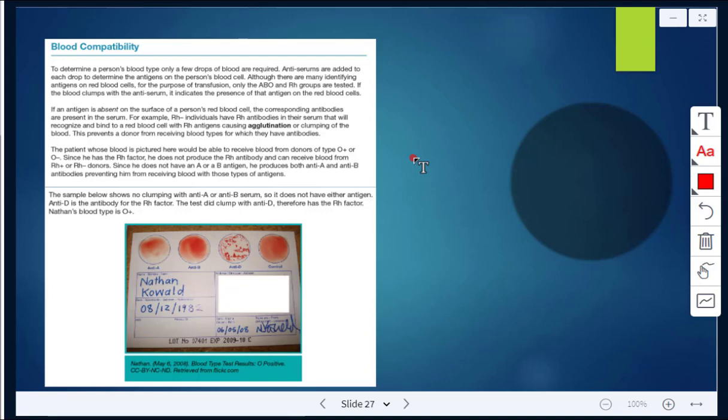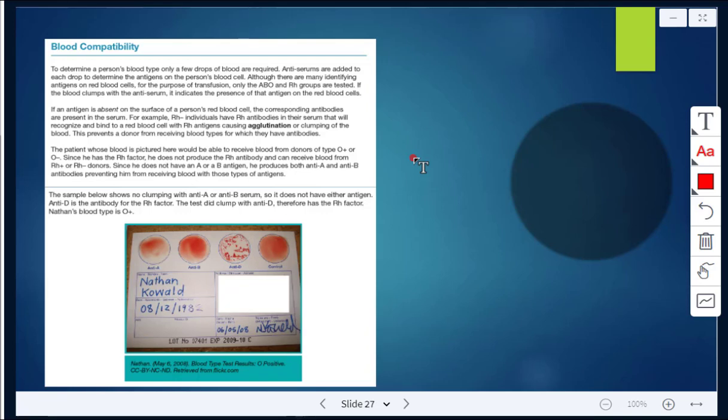Okay, basically, to determine a person's blood type, only a few drops of blood are required. Antiserums are added to each drop to determine the antigens on the person's blood cell. Although there are many identifying antigens on red blood cells, for the purpose of transfusion, only the ABO and Rh groups are tested. If the blood clumps with the antiserum, it indicates the presence of that antigen on the red blood cells.